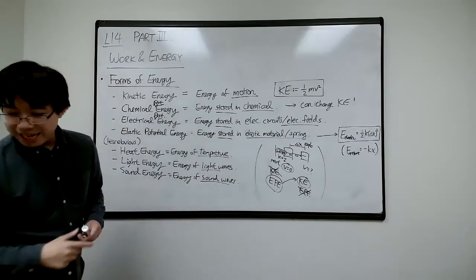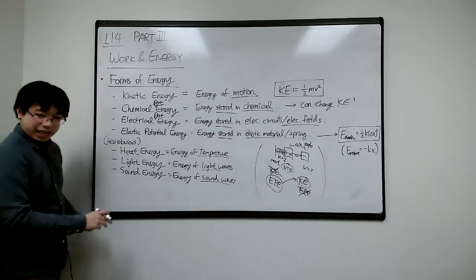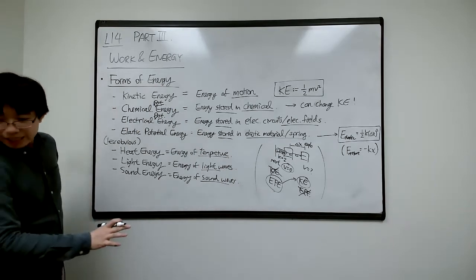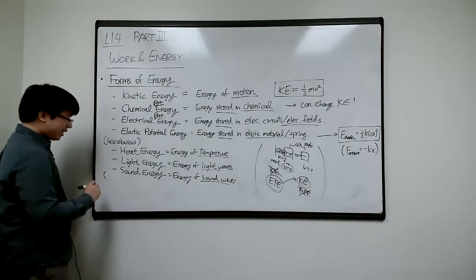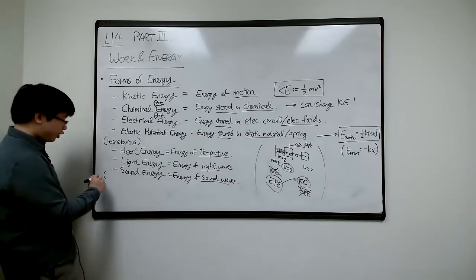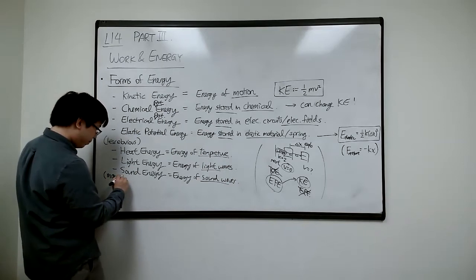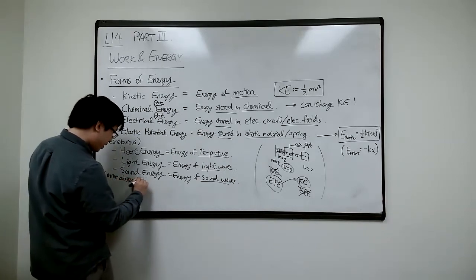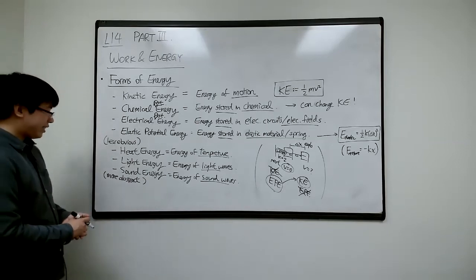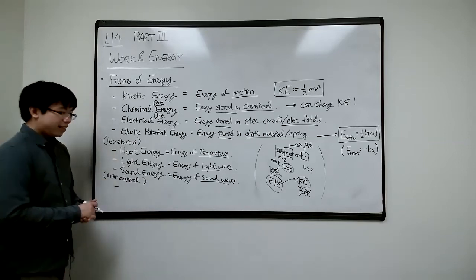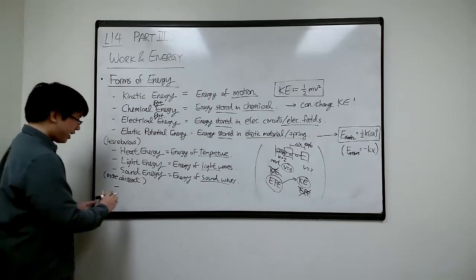Okay. Now let's add one or two more, depending on how you count it. And this is probably the more abstract one. But again, quite obvious once I say it, it is gravitational potential energy.